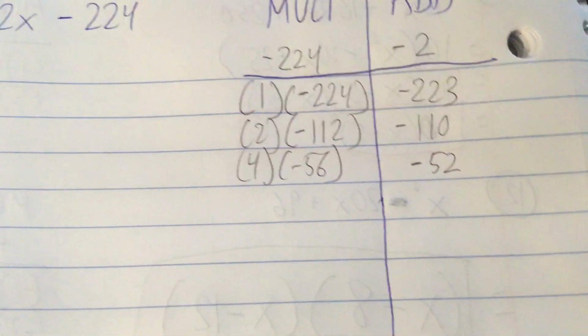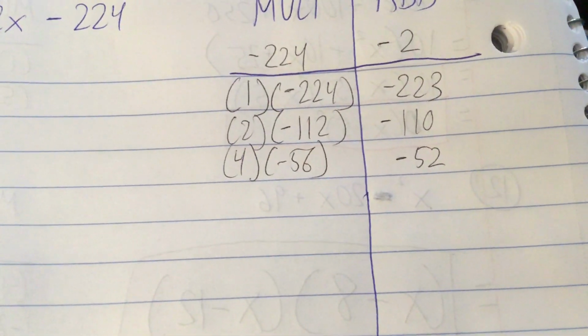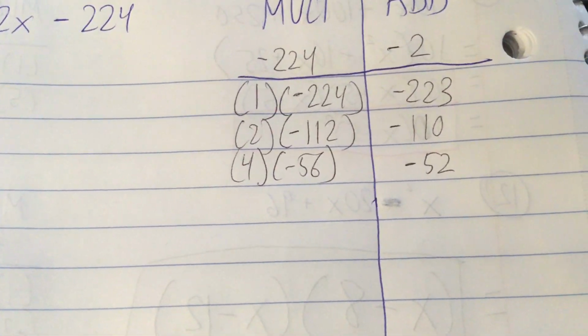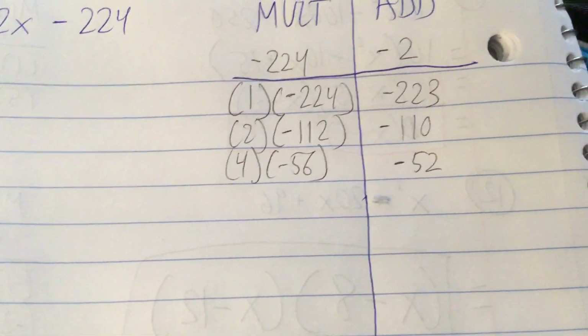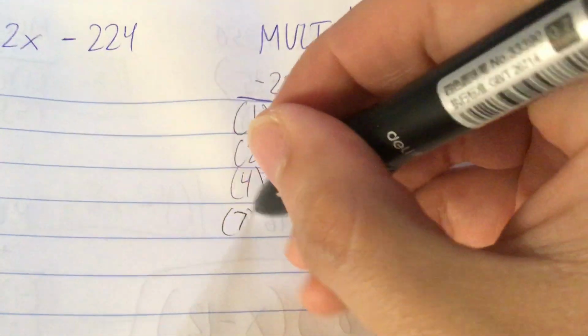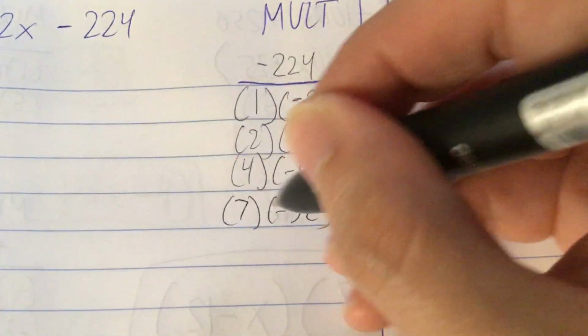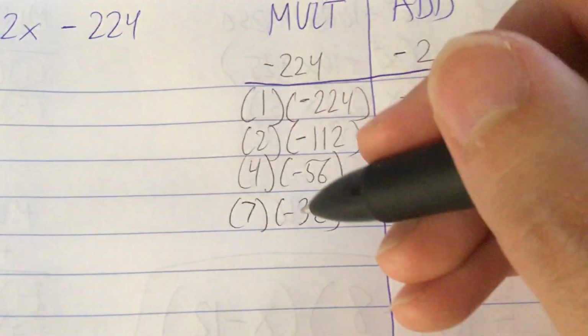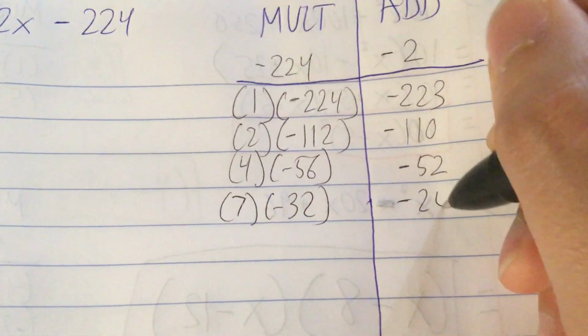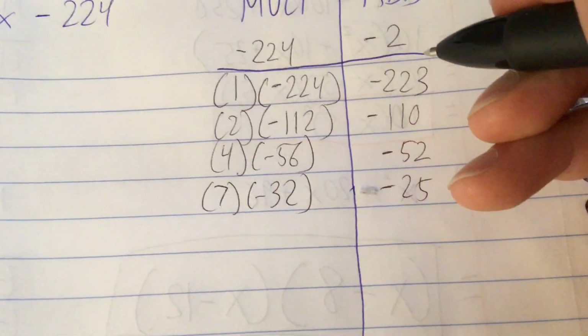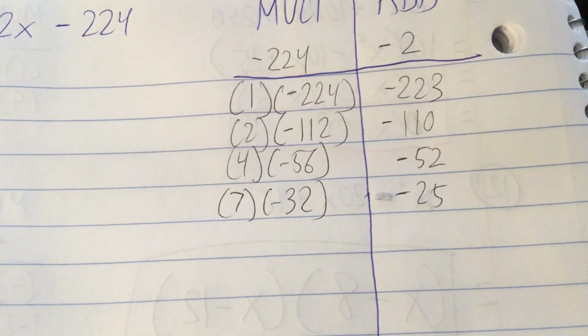That's a decimal. Let me try divide by 6. Not quite. 224 divided by 7 is 32. 7 times negative 32, they multiply to negative 224, but they add to form negative 25, getting closer and closer to negative 2. Let's try 224 divided by 8.